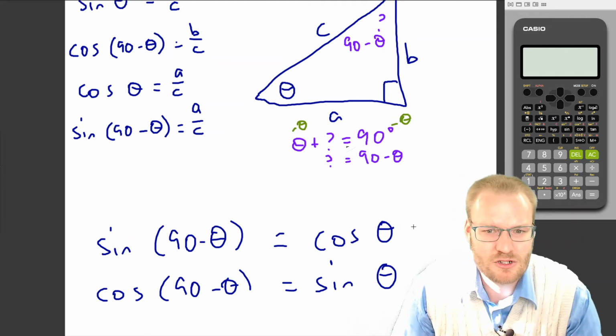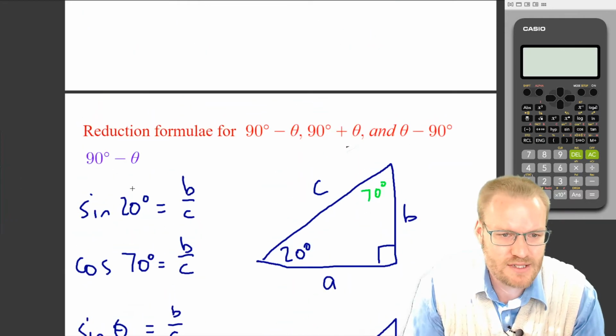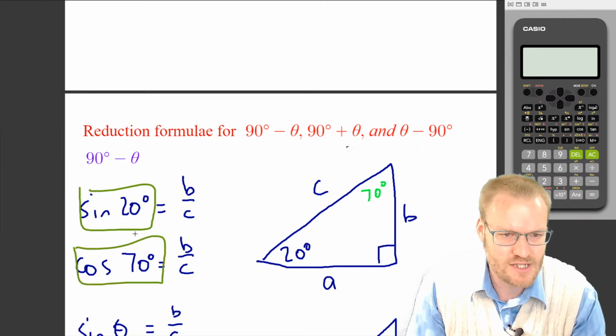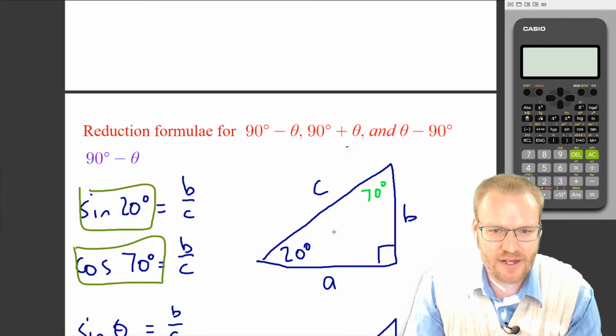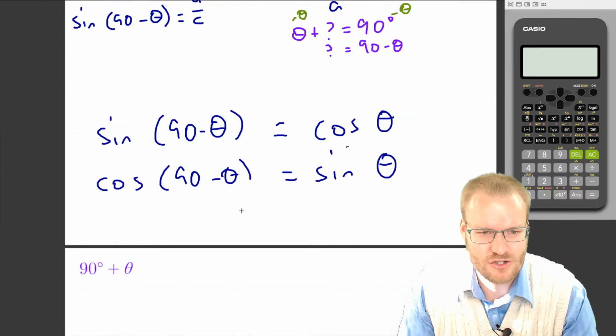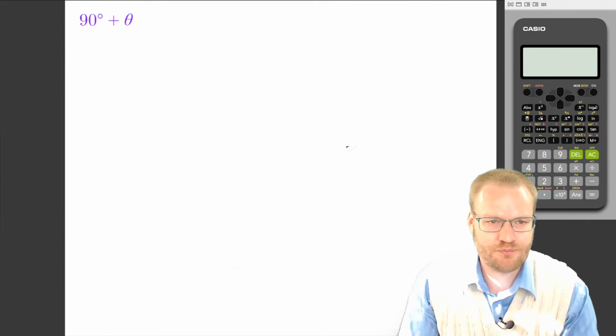Be ready to know it when it's got a theta, like these ones, or if you see sine 20, be ready to change sine of 20 to cos of 70. So with an actual angle in there, just think about a freestanding triangle. That's our first reduction.